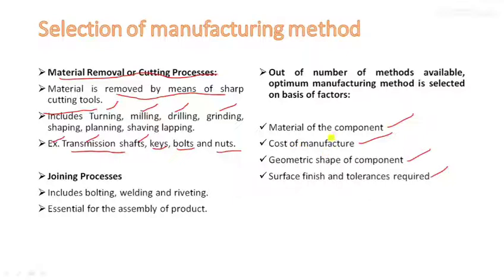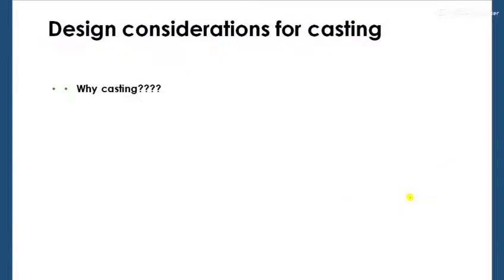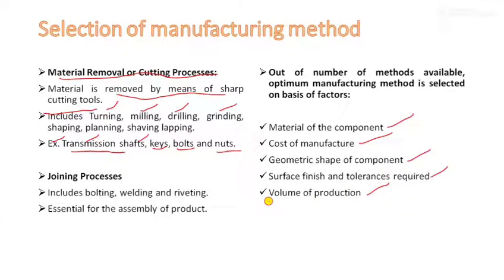So that all comes under the material of the component. Then the volume of production, right? Because mass production defines the cost also, right?